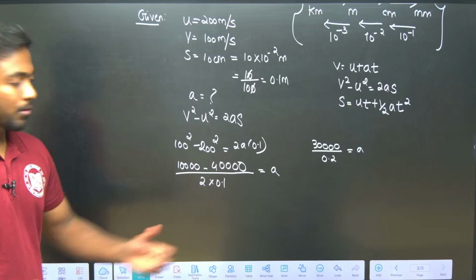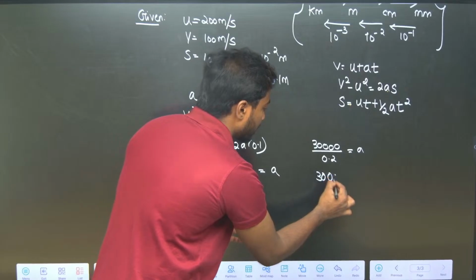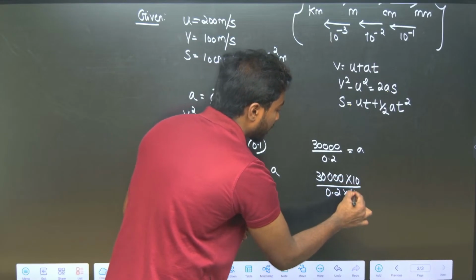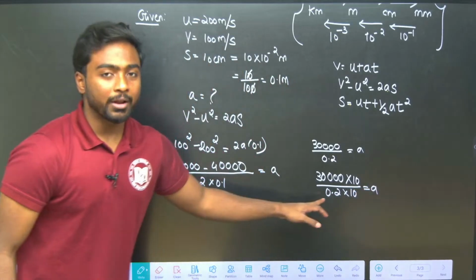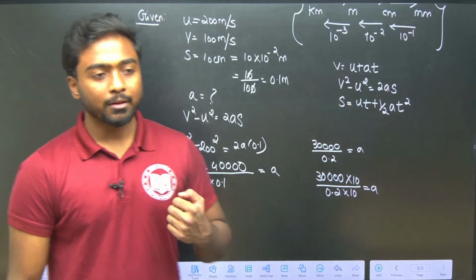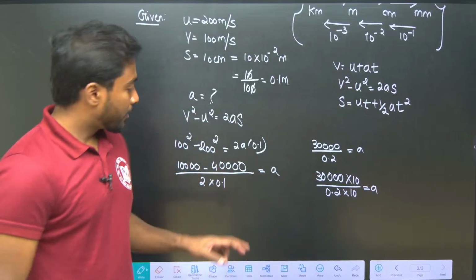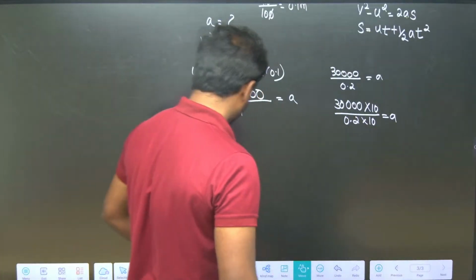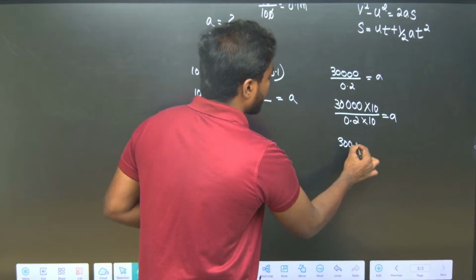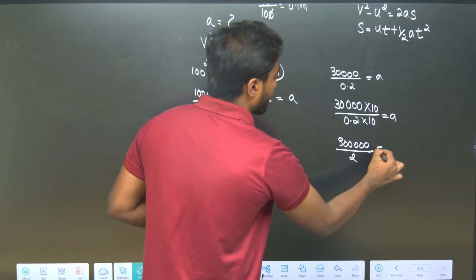Obviously, yeah. Now can I multiply 30,000 into 10 divided by 0.2 into 10? Because why I am doing this is I need to eliminate the decimal point here, because if I eliminate the point, it will be easy for the calculations. Okay, right? So 30000, one more 0, 5 zeros divided by 2 will be equal to a.